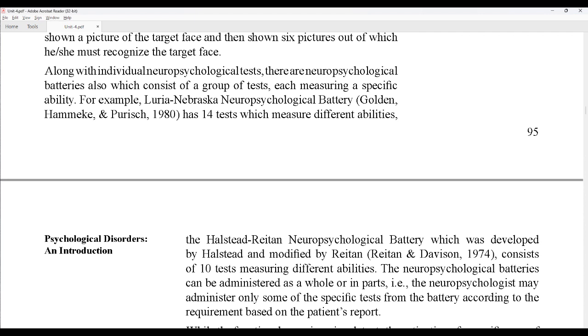The Halstead-Reitan Neuropsychological Battery, which was developed by Halstead and modified by Reitan and Davison, 1974, consists of 10 tests measuring different abilities. The neuropsychological batteries can be administered as a whole or in parts, i.e., the neuropsychologist may administer only some of the specific tests from the battery according to the requirement based on the patient's report.